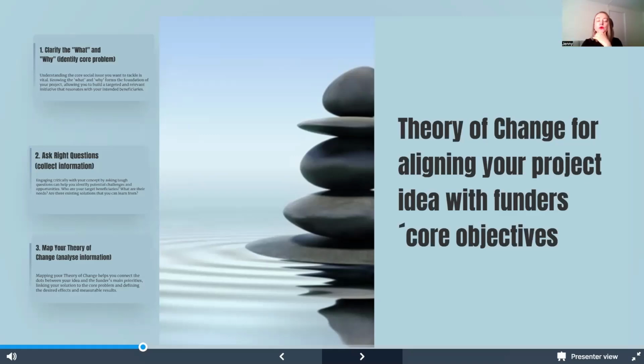Then the elephant will always fall down, and exactly that's why projects don't go through, because most often the idea is badly adapted, badly aligned with the grant. It's badly aligned with what funders want you to do. And today we will do this preparatory step to align your idea. And after this, writing in itself is an easy story. Then you just write. But this alignment is where you really need to work.